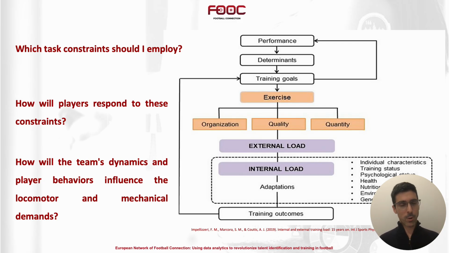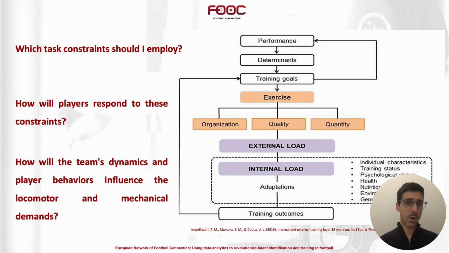So, first of all, when we are thinking to build up our training plan and select our training exercises, we start thinking, okay, what type of task constraints will we use to achieve our main objectives.